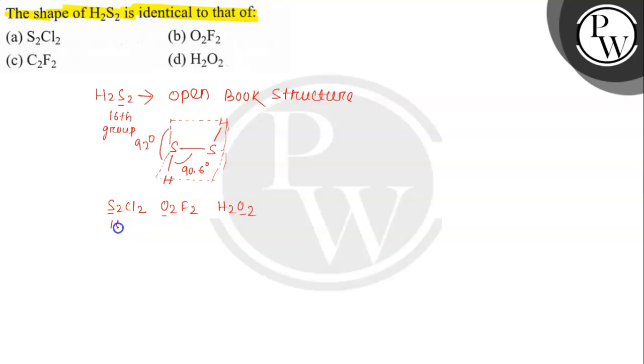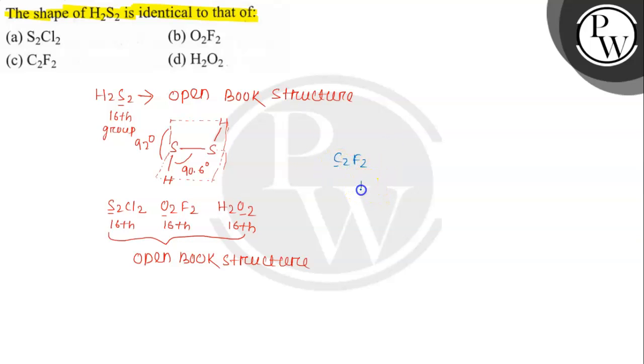That means they are all 16th group elements and they all have an open book structure like H2S2. So S2Cl2, O2F2 and H2O2, these three have an open book structure.